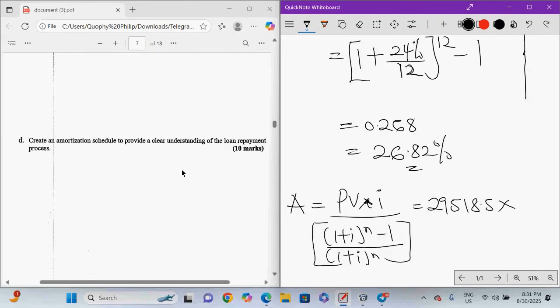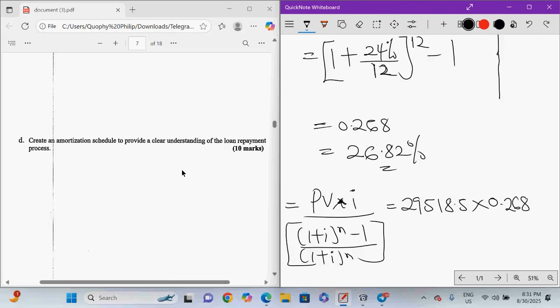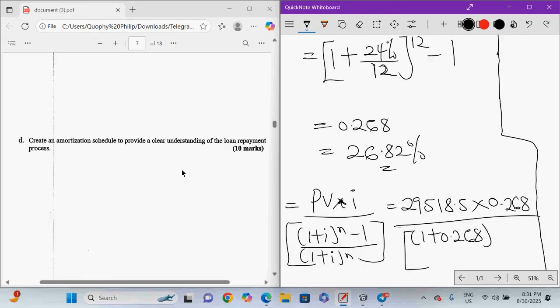518.5 times the effective rate that we computed, which is 0.268, all over 1 plus 0.268. What is our n?